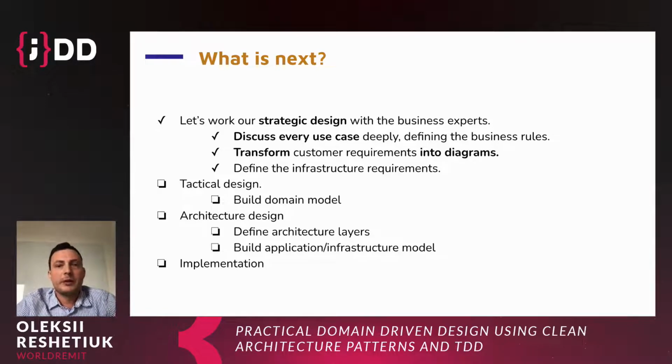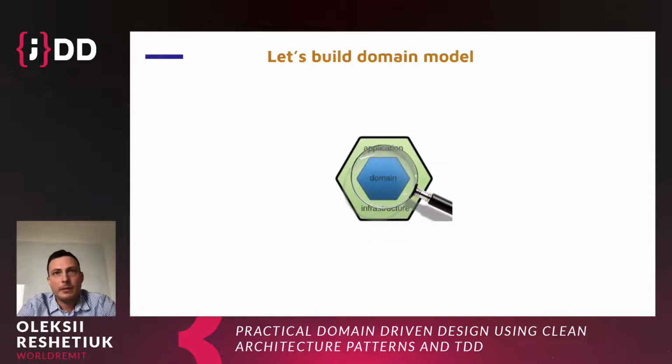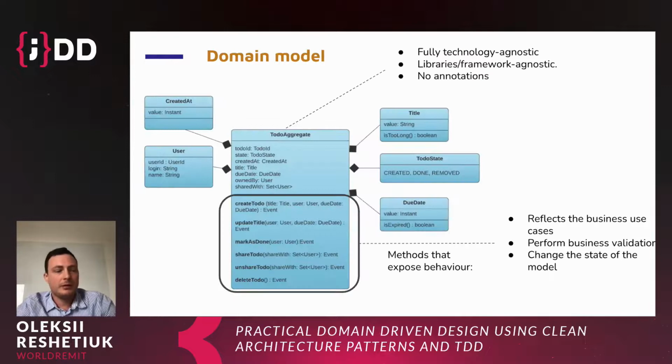Cool. Okay, we figured out our strategic design, we gathered all needed requirements, and we are ready to build the domain model finally. Actually, in the world of DDD, there are two types of models: anemic models and rich models.